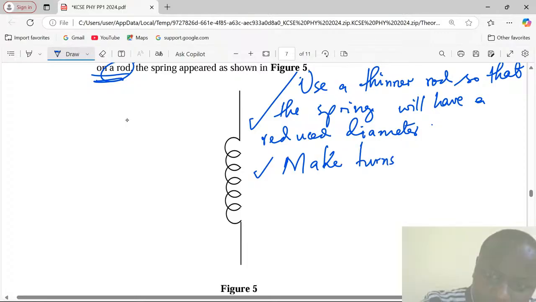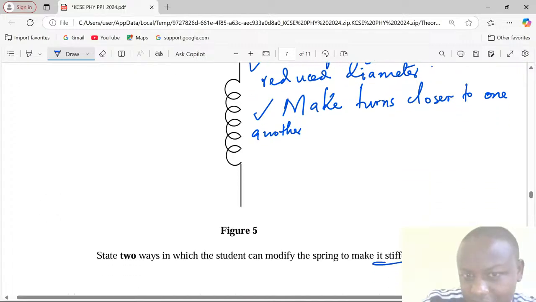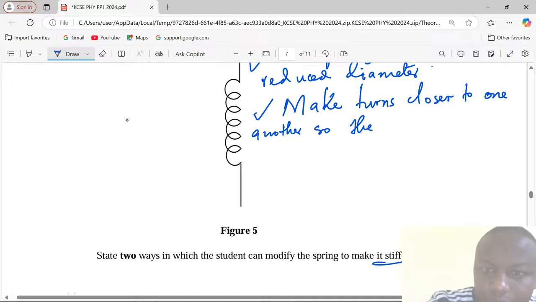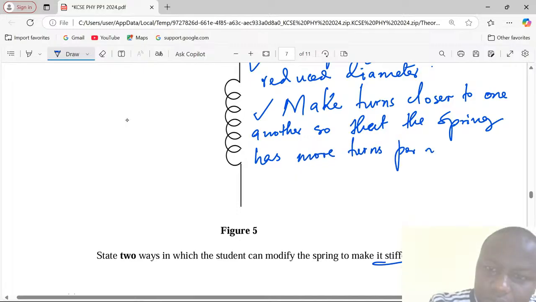Make turns closer to one another so that the spring has more turns per unit length.